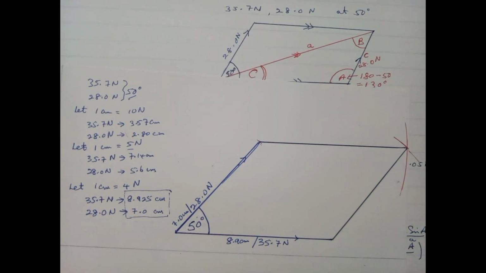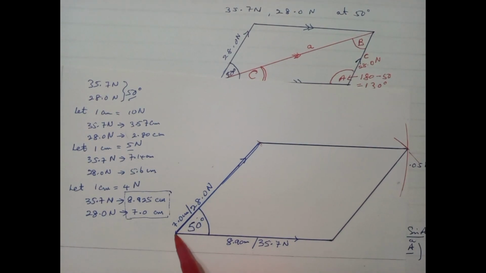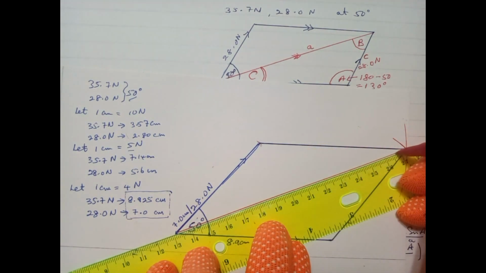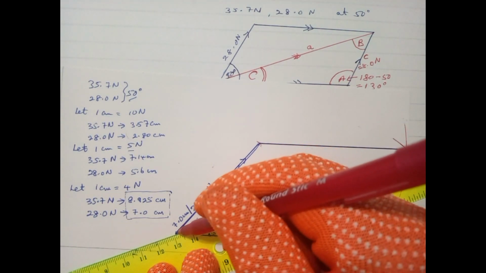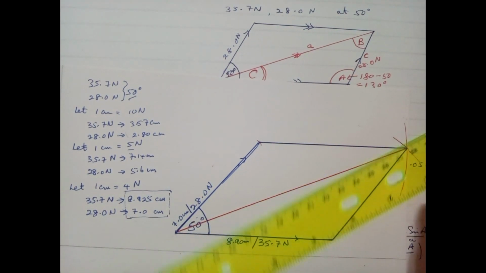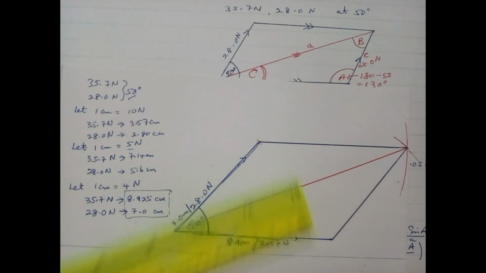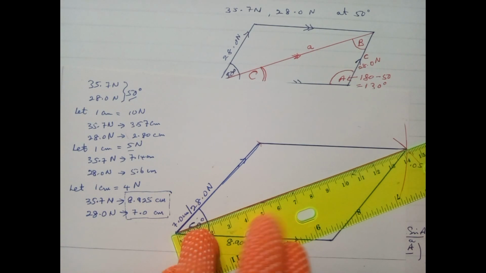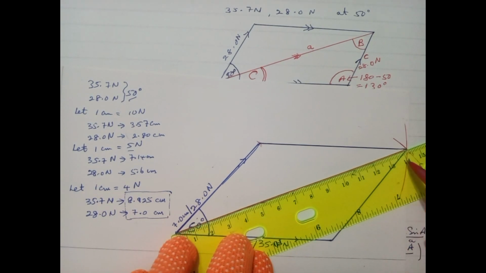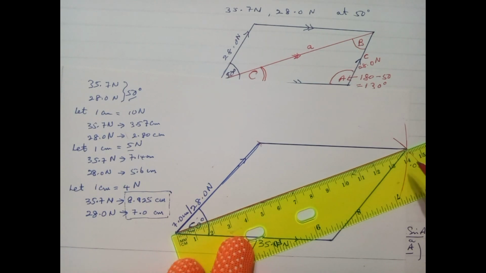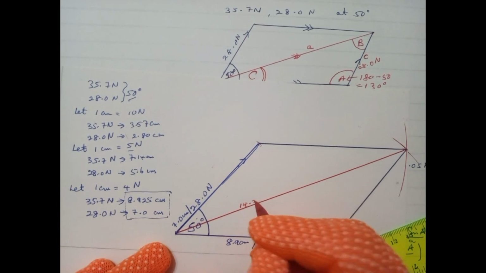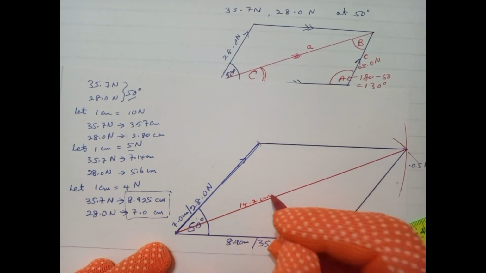So we have a parallelogram. We draw a diagonal from here to there, and we measure that diagonal. We get 14.2 centimeters. So this diagonal here is 14.2 centimeters.